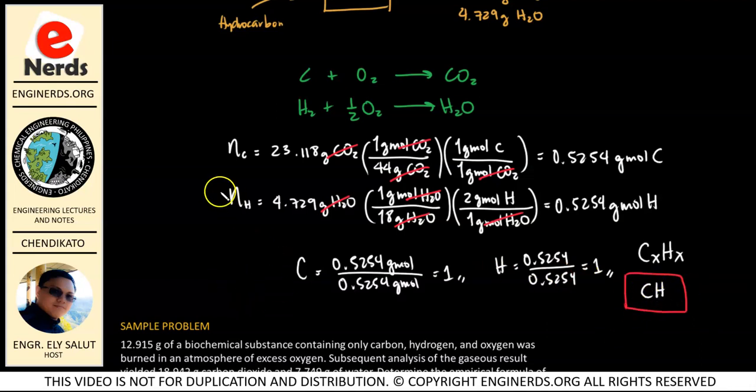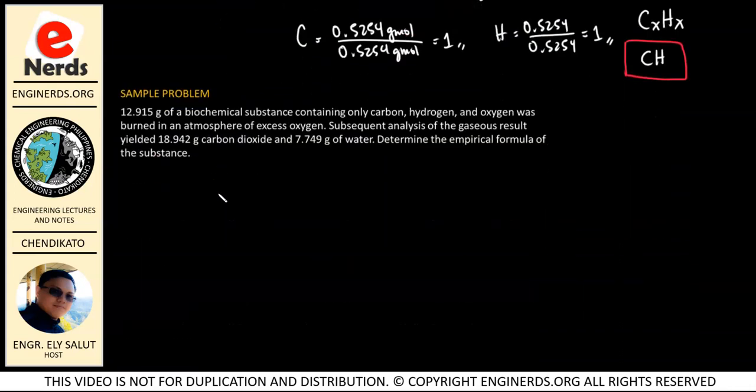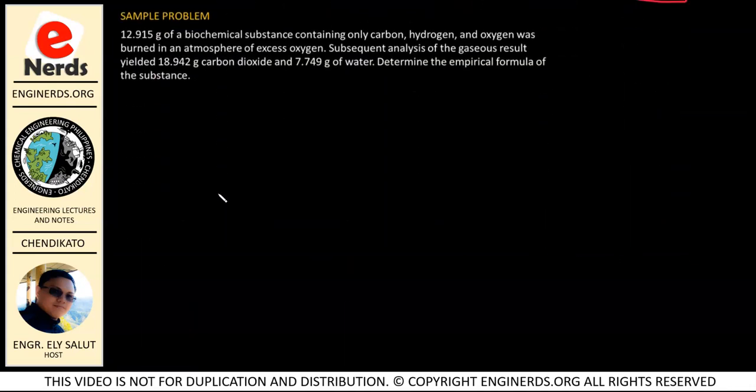And to have a better understanding, let us try to solve the next problem. Okay? So again, isulat natin yung or i-drawing natin yung ating diagram. In here we have 12.915 grams of biochemical substance containing only carbon, hydrogen, and oxygen was burned in an atmosphere of excess oxygen.